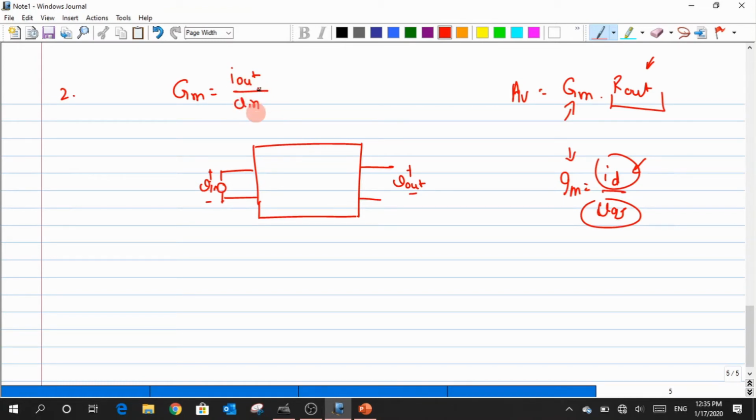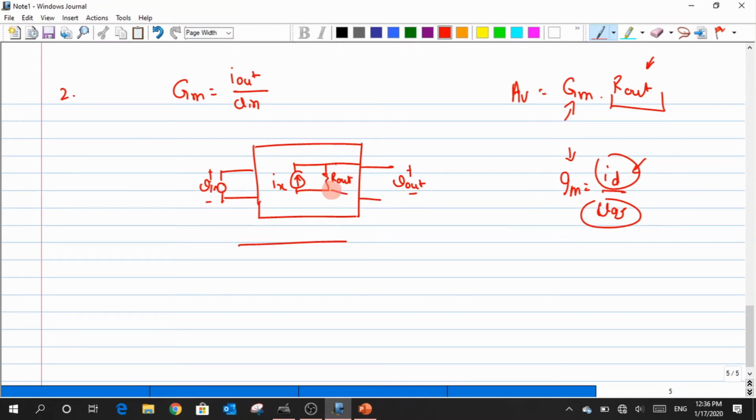Now how will I get this quantity out of my circuit if I have this as my two-port network? Inside this we might have some sort of voltage controlled current source. Say for example I have this, and due to this Vin there might be some current source, let me label this as Ix, and it can also have some sort of resistance R out.